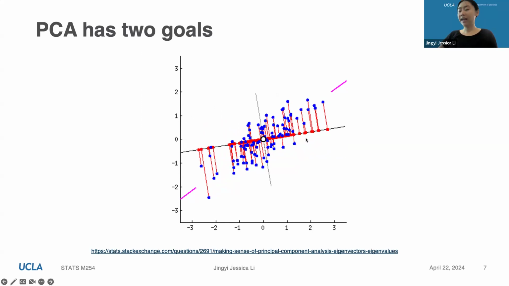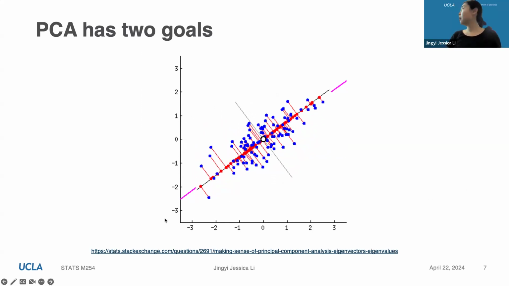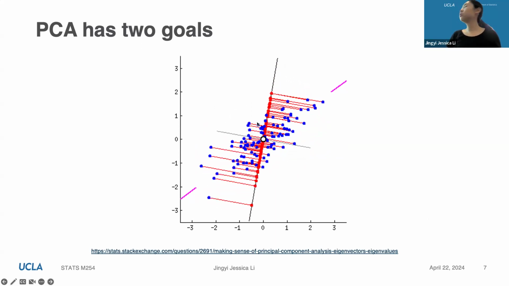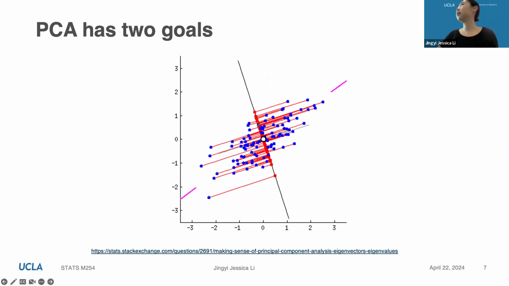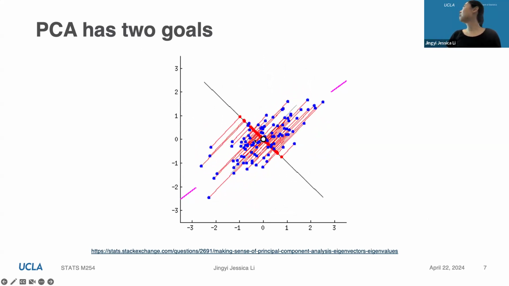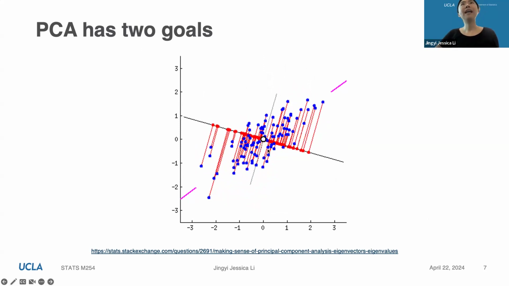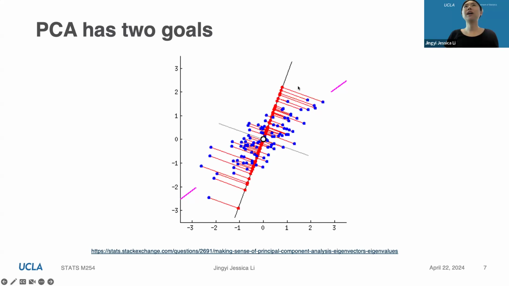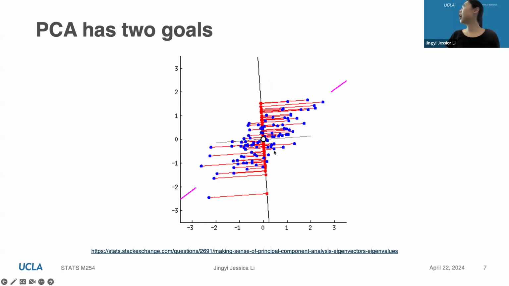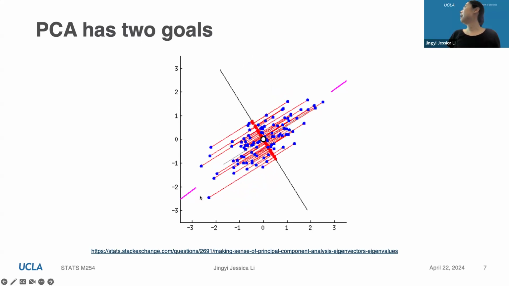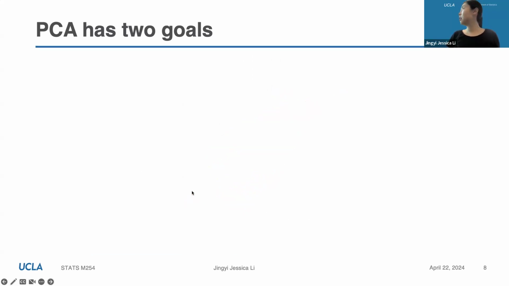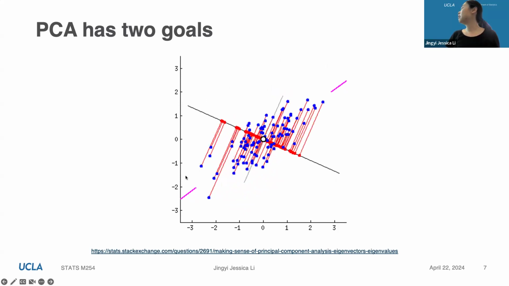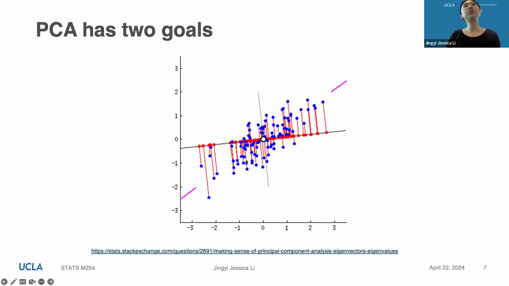So if we just go right there, the red dots are most spread out. That's what we call maximizing the variance. But if it's right here, you see the red dots are very crowded. The variance is small. That explains why we think this purple line here is the PC1, in which the projections, the PC1 scores, have the largest variance. In the meantime, if we think about reconstruction, then reconstruction means that you will use one dimension to represent the original two-dimensional data.